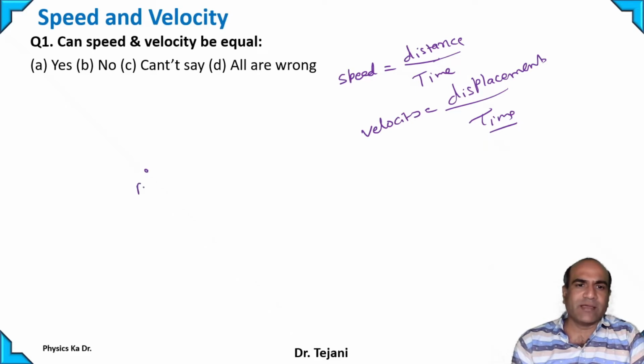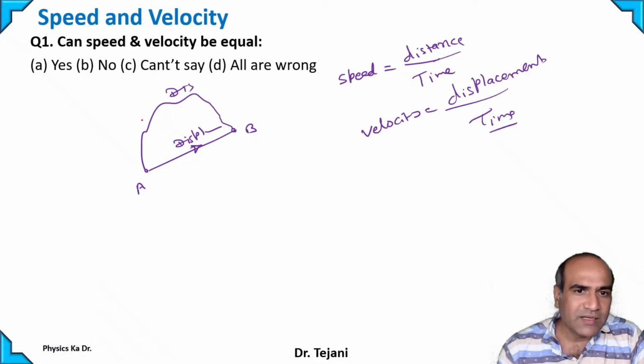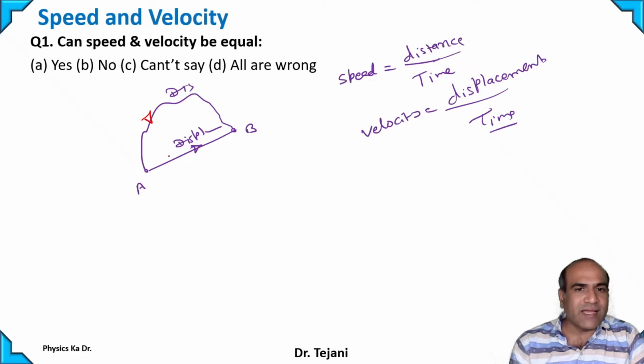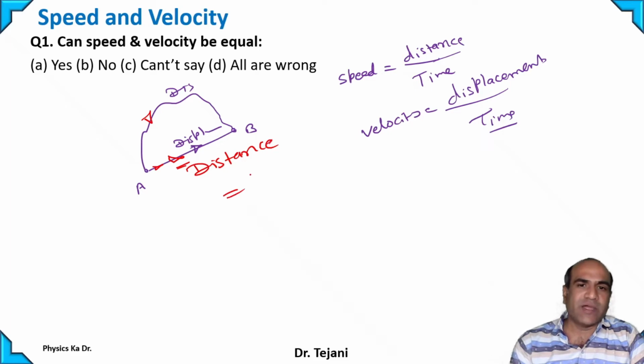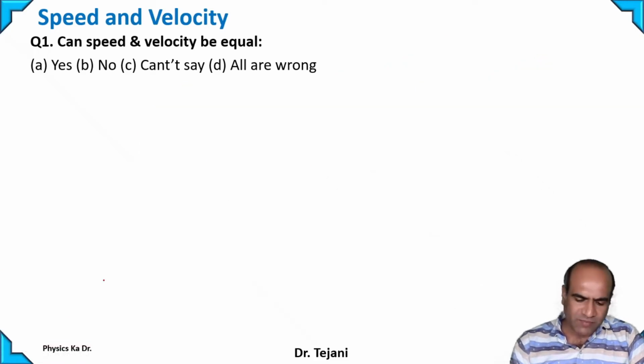So we have taken an example like point A to point B. If you go in a straight line, the shortest distance, that becomes displacement, or if you take any other way, that becomes distance, right? But in the last session, we have already seen a similar example. A person can travel from anywhere, that can be the shortest distance also. And in this case, if the person travels from A to B, the distance and the displacement both become equal, right? So in this case, yes, definitely it can be equal.